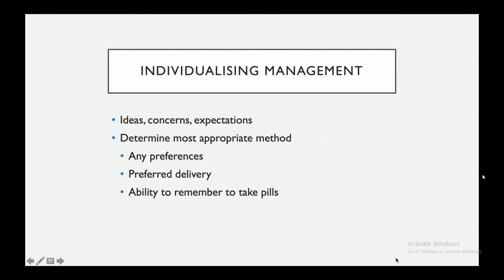So it's important to ask about any preferences for any contraception, a preferred delivery in terms of a pill, a patch, ring, injection, and or an intrauterine device. And you want to ask them their ability to remember to take medications on a regular basis.